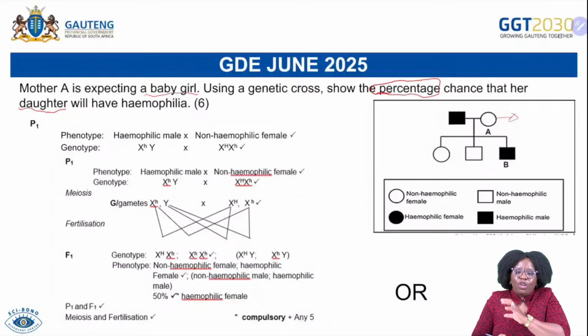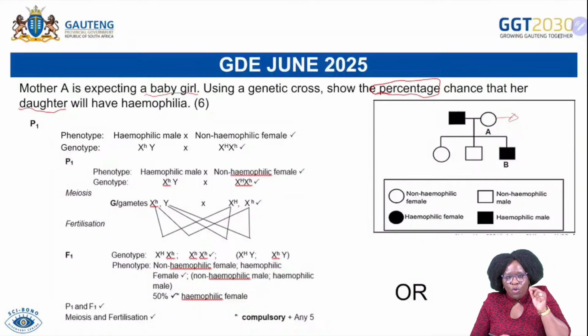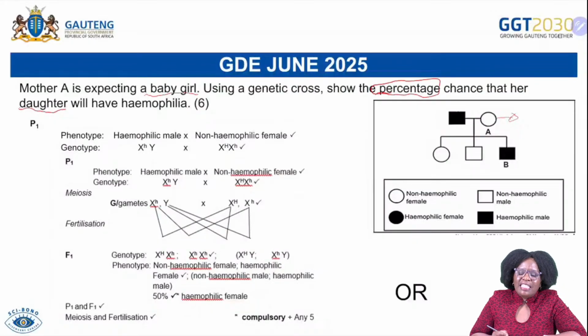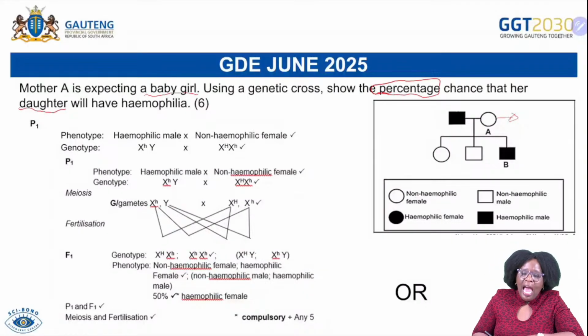Remember, you have been taught about what I call a skeleton, an outlay of a genetic cross. Now you answer in context of what is asked. And in context of what is asked here, you answer in context of mother A that is expecting a baby girl, and you are looking for the percentage chance that her daughter will be hemophilic.